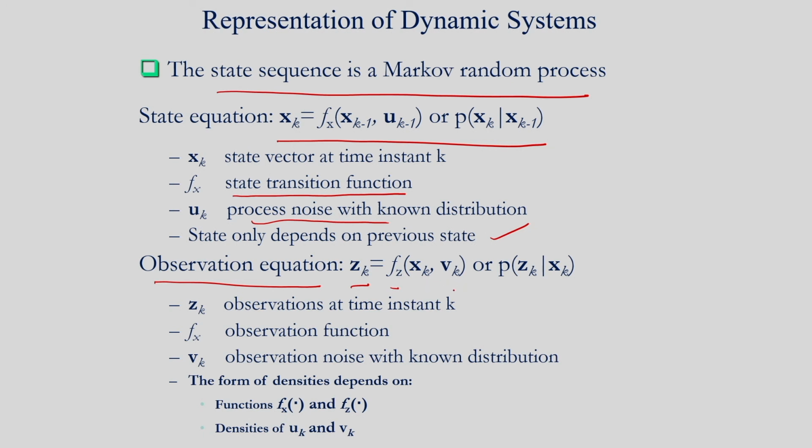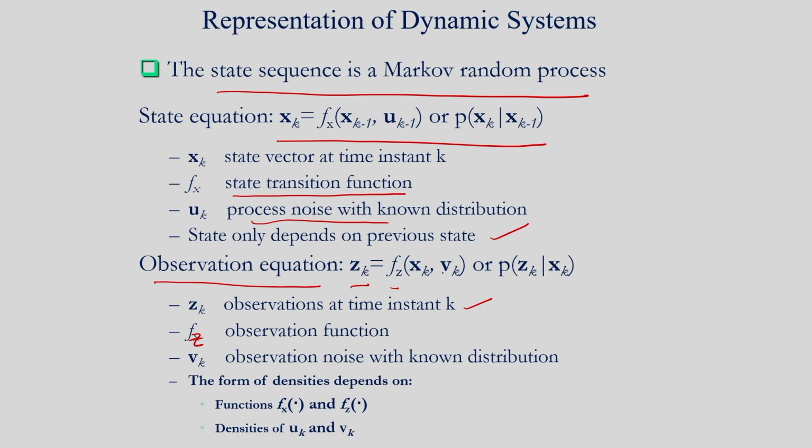For this, zk is the observation at time instant k, and again we are considering the observation function, fz, and vk is the observation noise with known distribution.